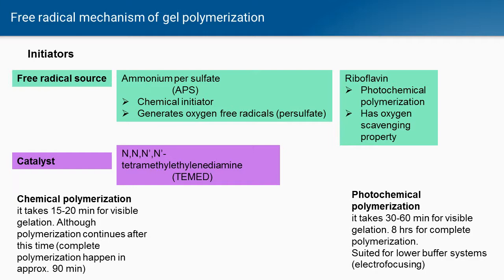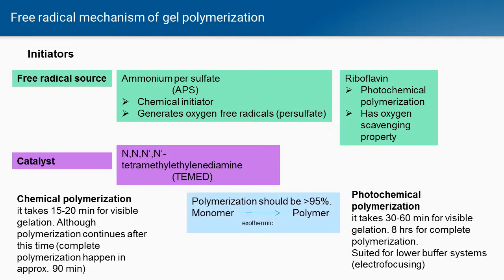Because TEMED can interfere with the pH. That's why it's not suited for electrofocusing. For both systems, whether chemical or photochemical polymerization, the total polymerization should be greater than 95%, which means the conversion of monomer to polymer should be greater than 95%. And this reaction is an exothermic reaction.